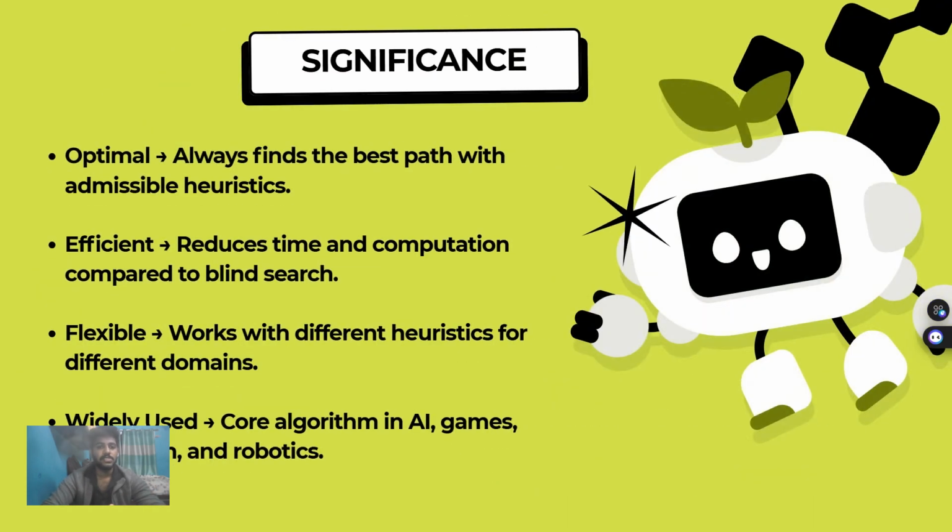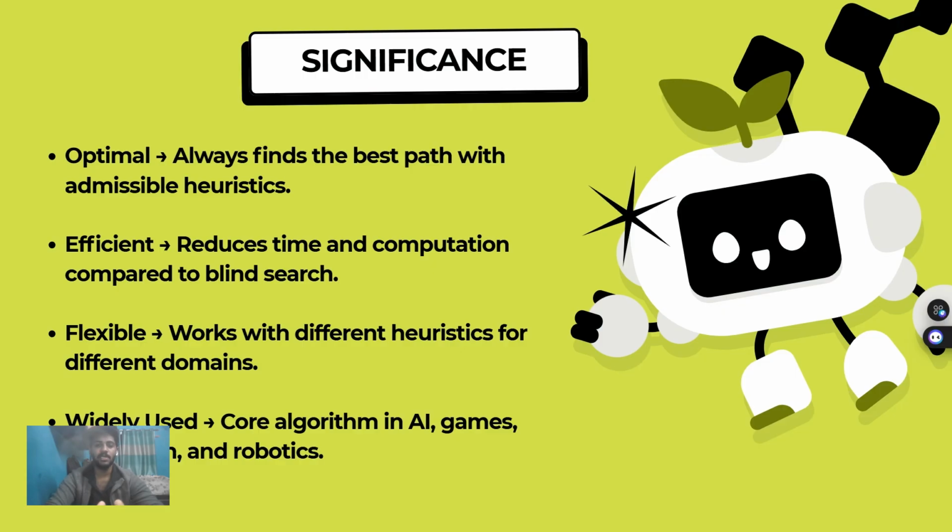Significance. Again we are going to look at what we have already viewed. Optimal: it always finds the best path with admissible heuristics. Efficient: it reduces time as it finds the shortest path. Obviously, it reduces the time and computation compared to blind search.